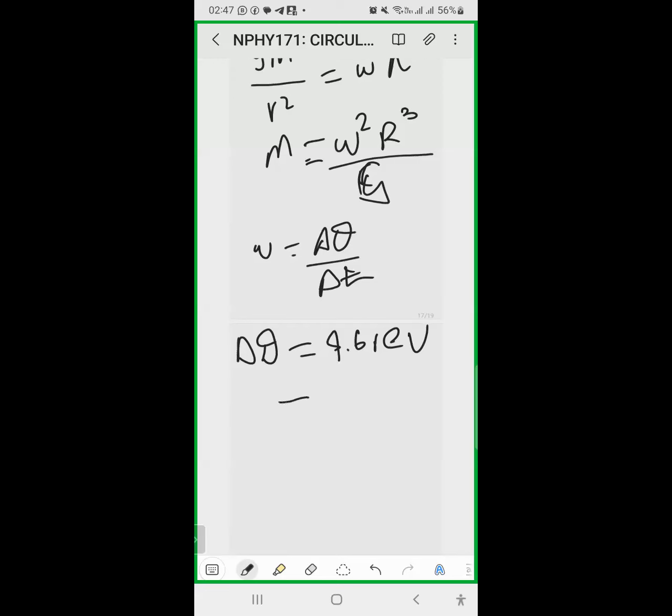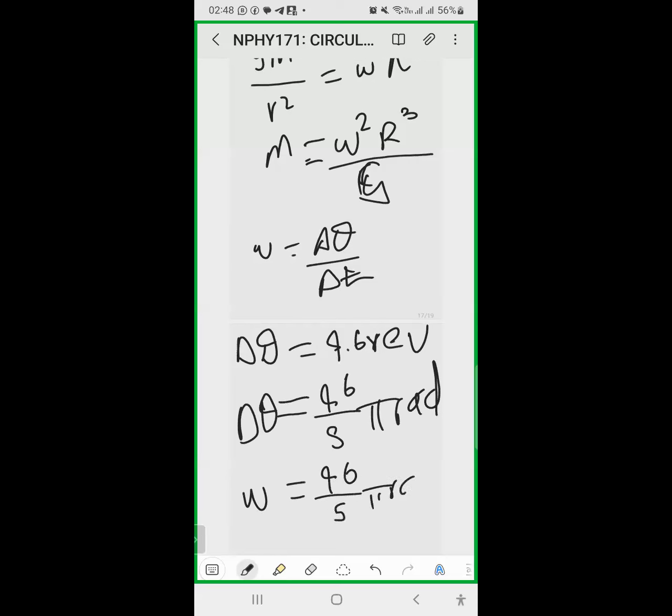And then when you convert 4.6 revolutions to radians, you're going to get 46 over 5 pi radians. Okay, so this is the angular displacement, and the change in time is just 1 second. What is the time?